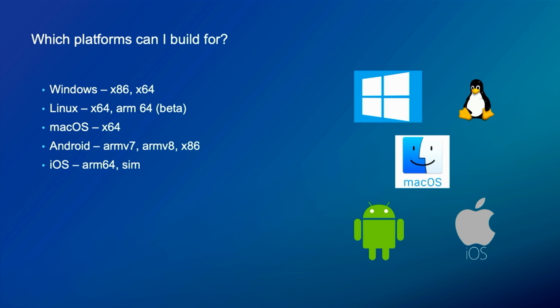We've got actually a brand new beta out. It was on the plenary on Tuesday for ARM64 embedded Linux. So if you're interested in that, you can go to the early adopter site and get access to that right now. We also support Mac, Android, ARM v7, ARM v8, and x86, and then iOS, both devices and simulators.